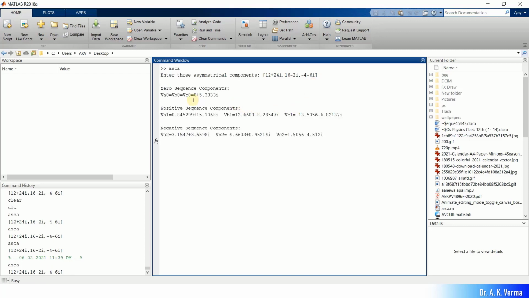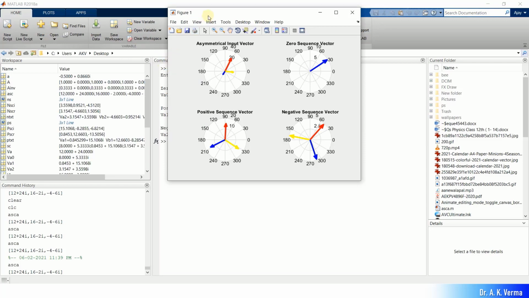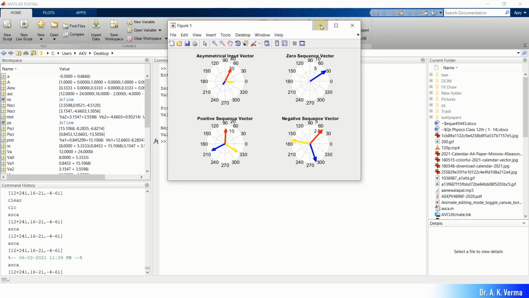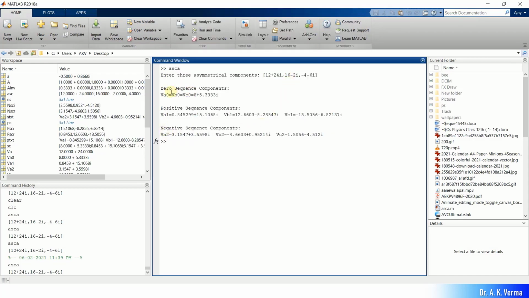In the command prompt, let me simply minimize this. In the command prompt, you are getting all the answers. For example, here you can see that the zero sequence components VA0 equal to VB0 equal to VC0 are 8 plus 5.33j. It is similar to what you achieved in the theoretical section.